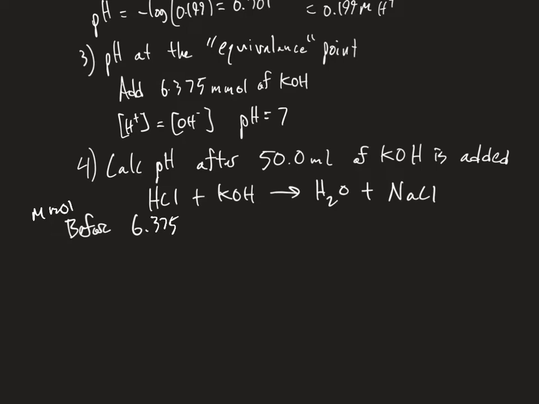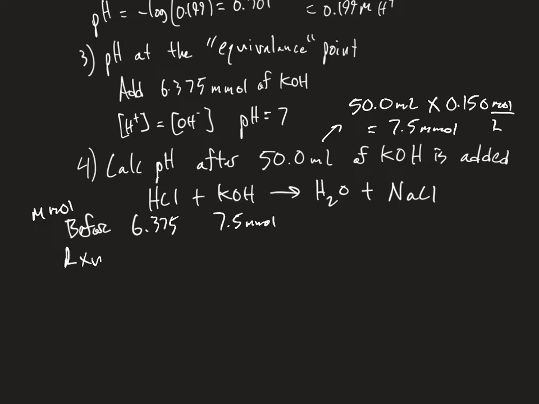And now how much KOH am I adding? Well, let's do that calculation. 50 milliliters times its molarity, which was 0.15 moles per liter. Molarity times milliliters will give me millimoles again. So this is 7.5 millimoles. So this time we actually have more KOH than HCl.